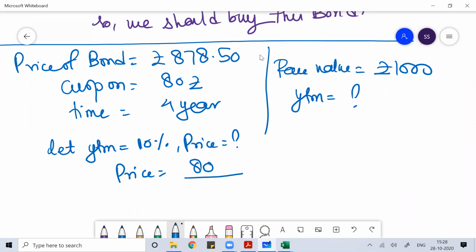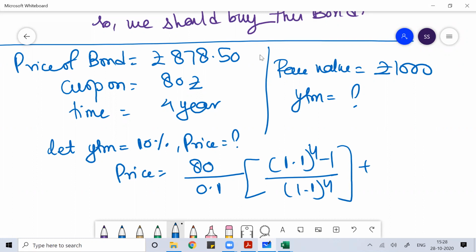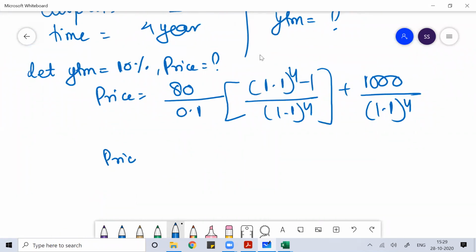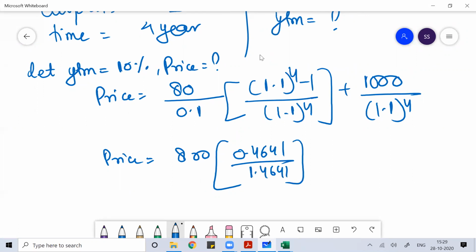So that would be 80 divided by 10%, then (1.1 to the power 4 minus 1) divided by 1.1 to the power 4, plus 1000 divided by 1.1 to the power 4. So you can use the formula for the price of the bond: 80 times 0.4641 divided by 1.4641 plus 1000 divided by 1.4641.